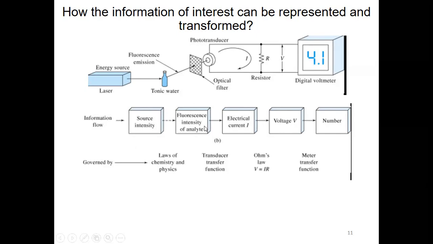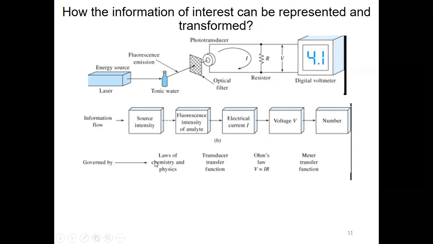The fluorescence intensity is converted into current using the phototransducer, and then the electrical current converts into voltage using Ohm's law. And then using the meter transfer function, the voltage is given as a number, right?